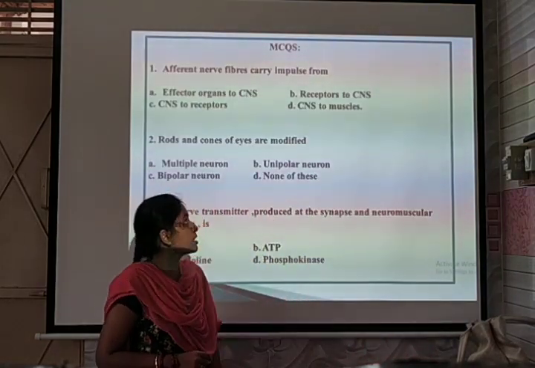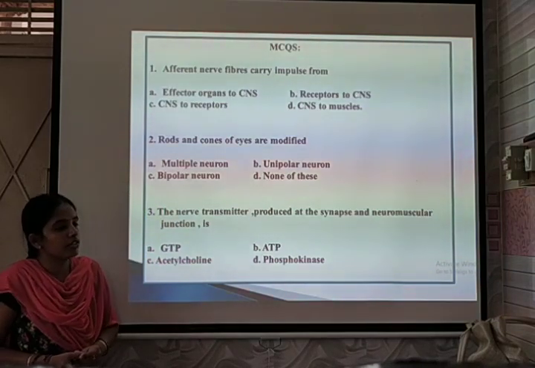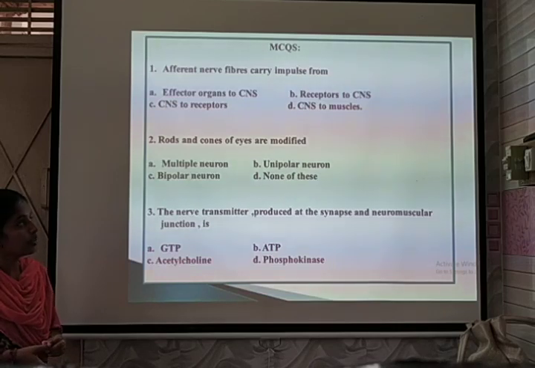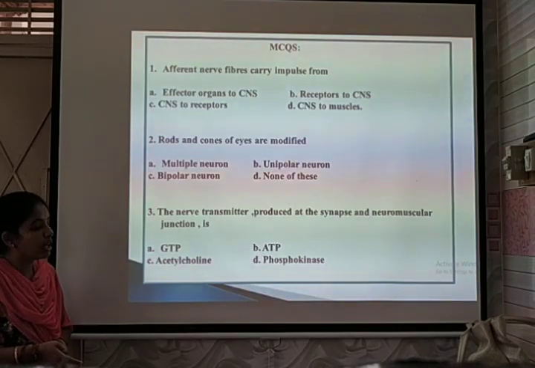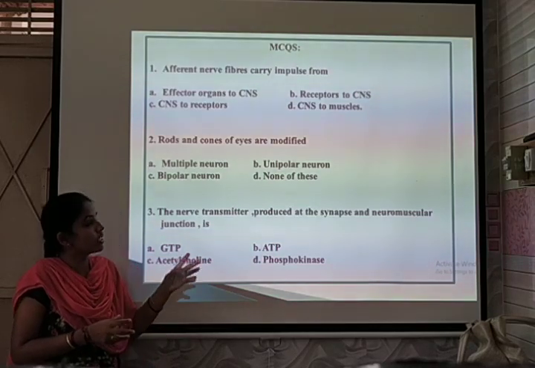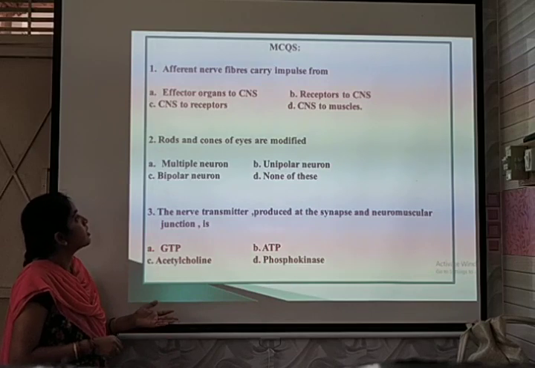Now let us discuss some of the MCQs. The afferent nerve fibers carry the impulse from. These are the fibers helpful for receiving the signal from the receptors to the central nervous system. We already discussed that.